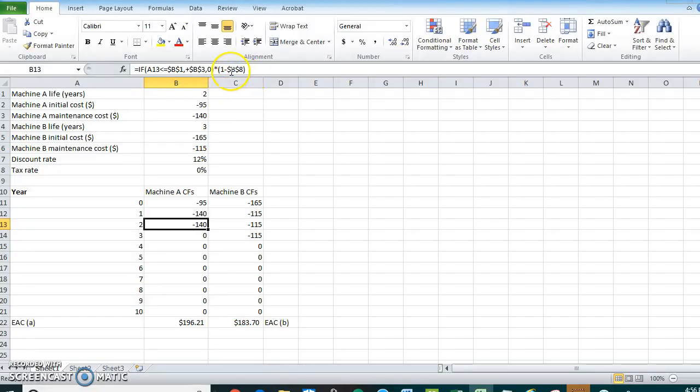And again, $B$8 refers to our tax rate, which is 0.